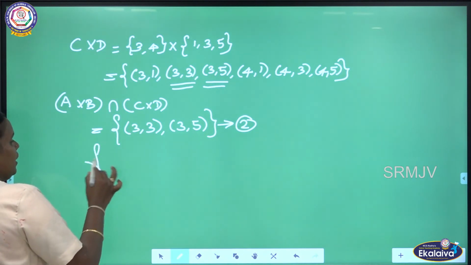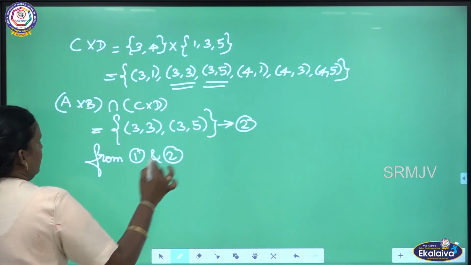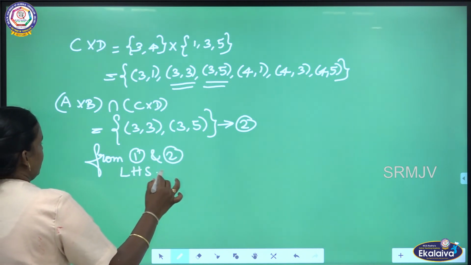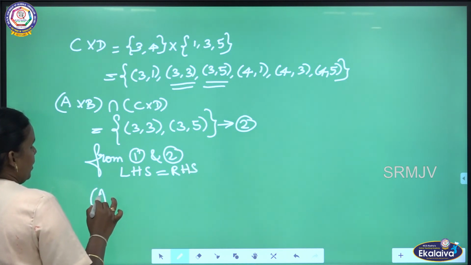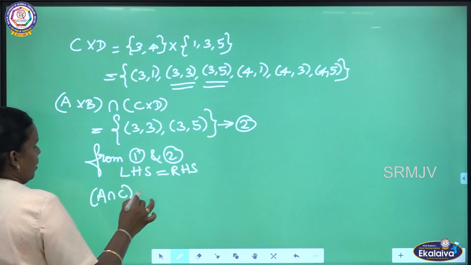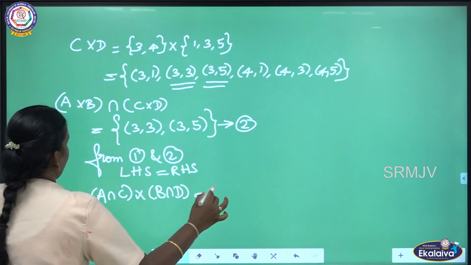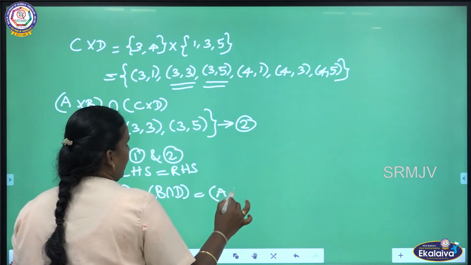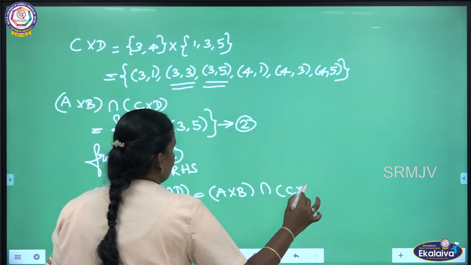So we can state that from 1 and 2, LHS equals RHS: (A intersection C) cross (B intersection D) is equal to (A cross B) intersection (C cross D).